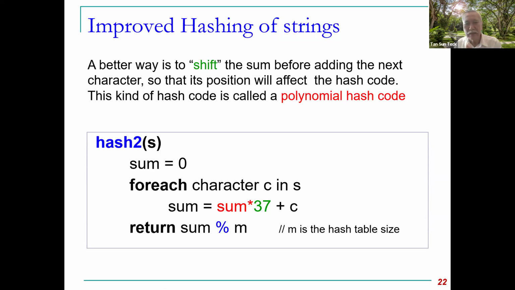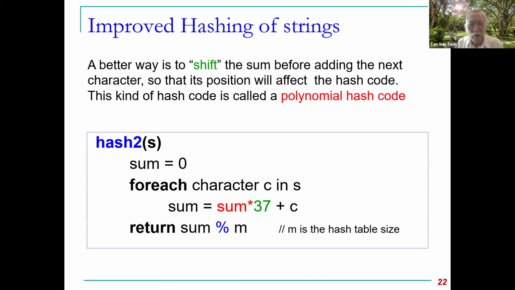When we are looking at the third character, we multiply the sum of the previous two characters by a number, and then we add the third one. This process is quite simple. Because they have different place values, even though they have the same characters, you are going to get different hash values.